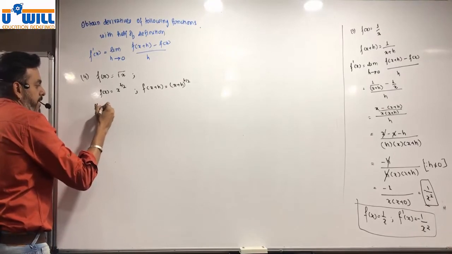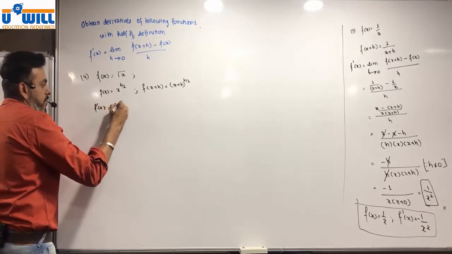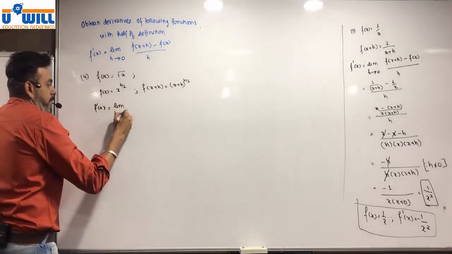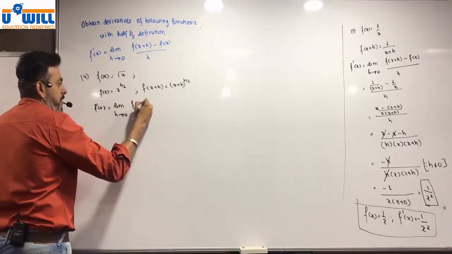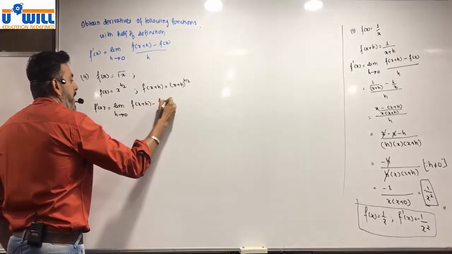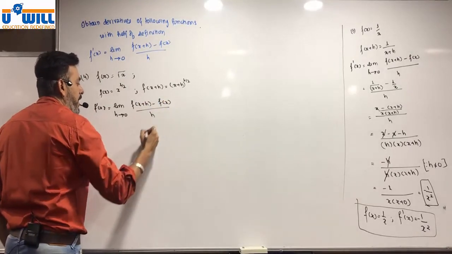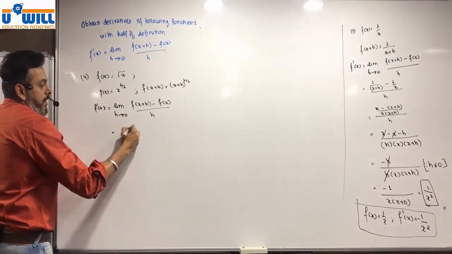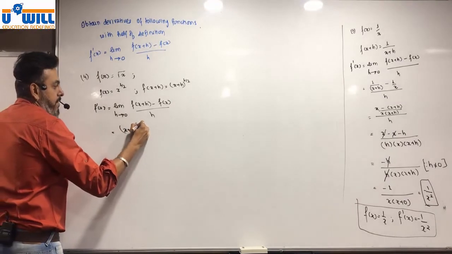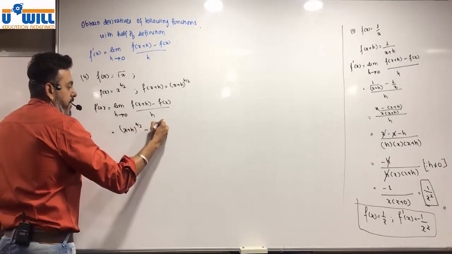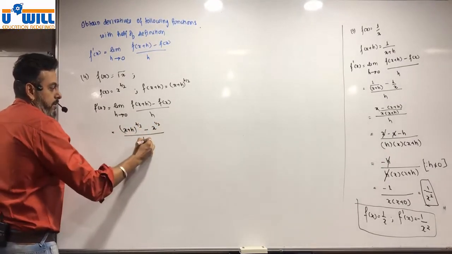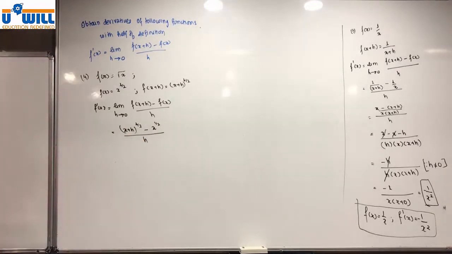Now derivative of function of x is equal to limit h approaches 0 function of x plus h minus function of x upon h, which is equal to x plus h raised to 1 by 2 minus x raised to 1 by 2 upon h. क्या लेंगे अब? t.